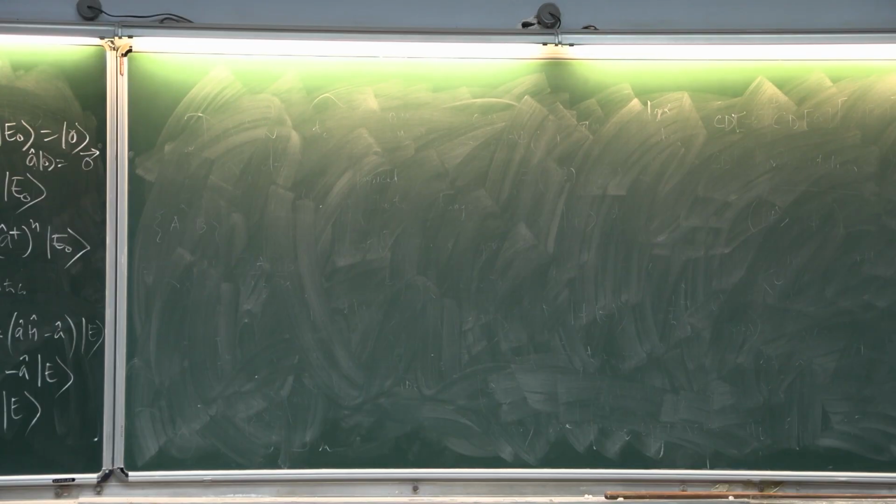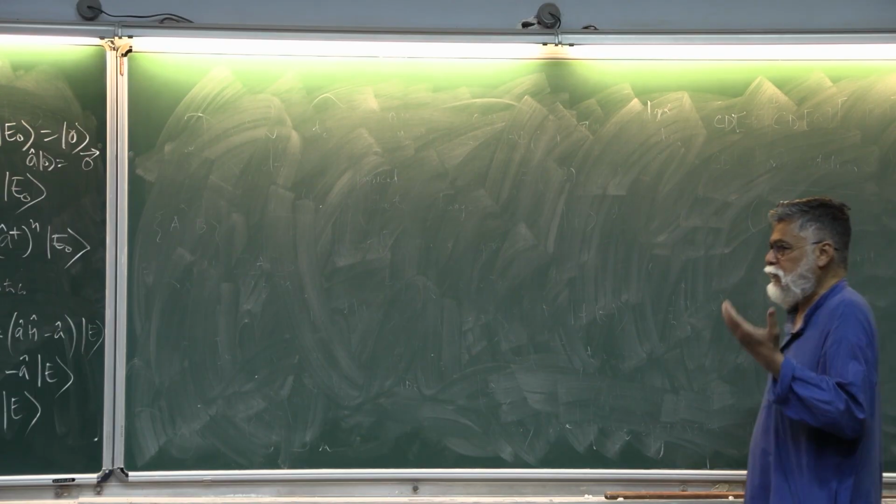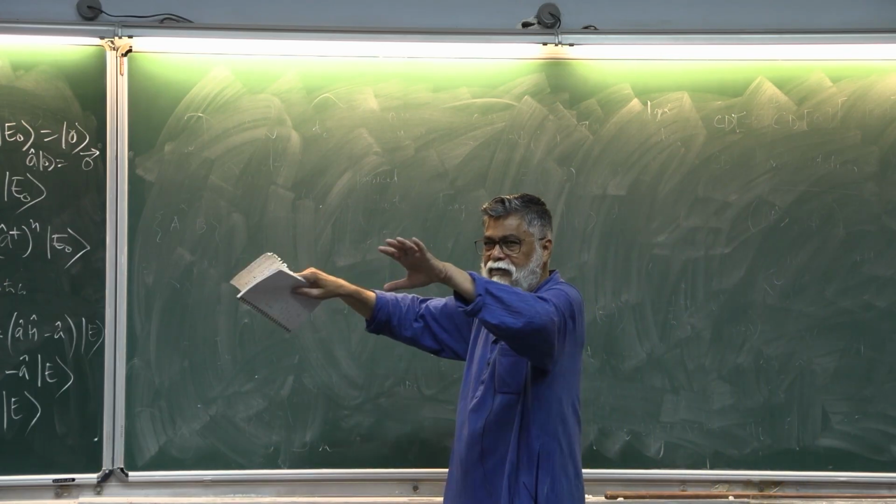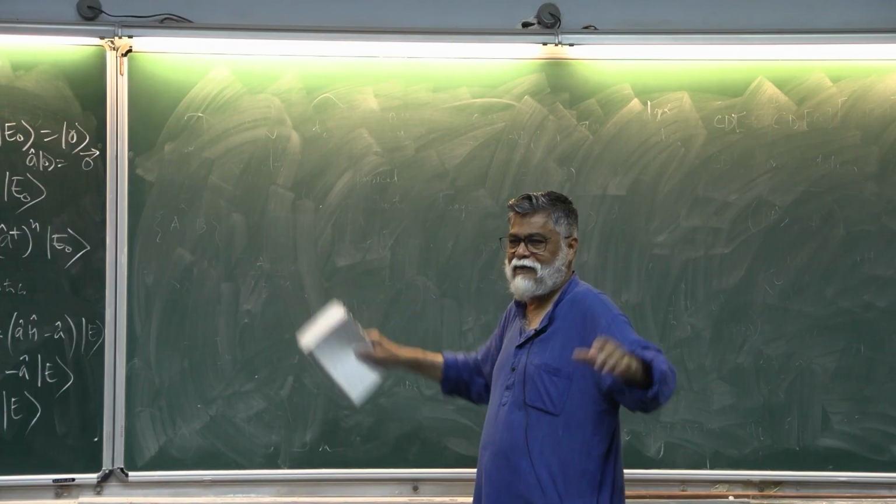Yeah, that is the name of the book. People like Mukunda have such deep mathematical insights in physics. That breed of physicists is slowly disappearing.